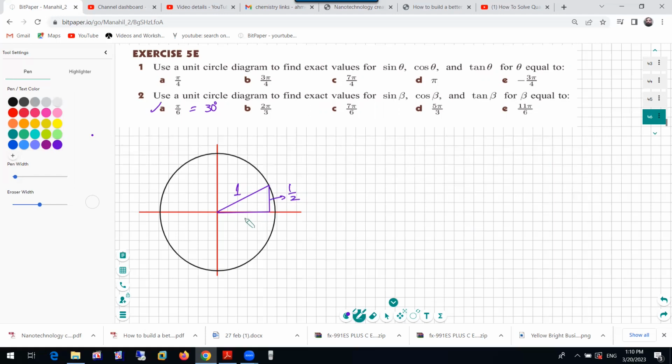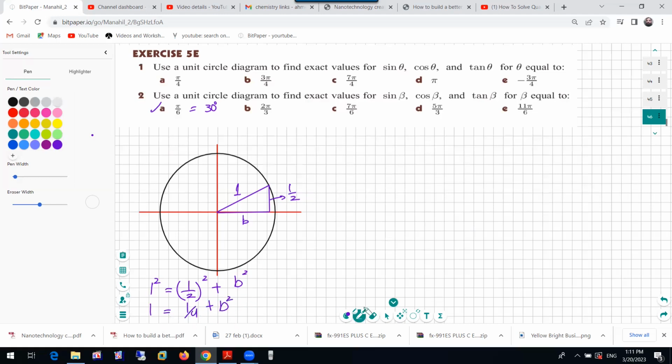And we can find this length as well, or we can just write directly square root 3 over 2. It can be found by using the Pythagoras theorem. Say this is B. So 1 equals 1 over 4 plus B squared.